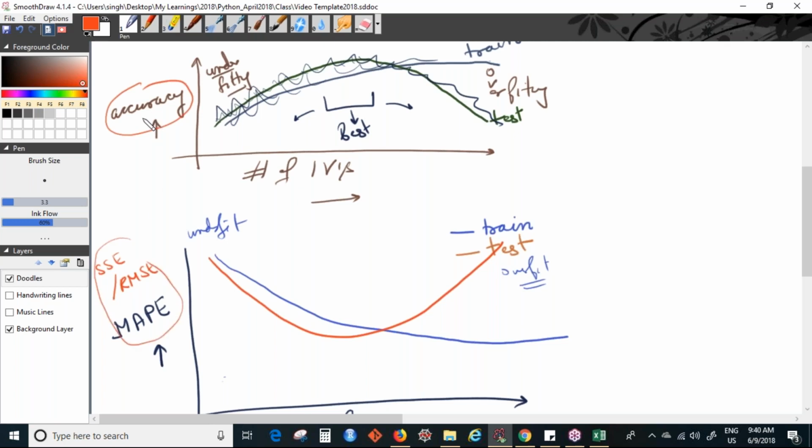If accuracy is high, error will be less. Accuracy is low, error will be high. So I have just inverted them. This inverted U becomes a straight U. Okay, and this was an increasing curve, it becomes a decreasing curve. So I have just taken a mirror image of them. So remember this, guys. This is asked in interview.